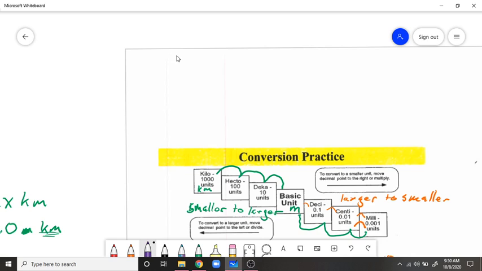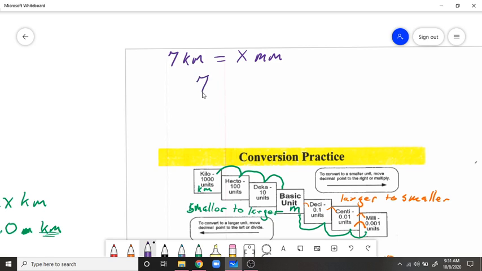So let's imagine that I live 7 kilometers away from the school, and I want to know how many millimeters is that. Well, you're never going to take your ruler and measure it in millimeters. You'll be here all day. So the fastest way to do it is to convert.